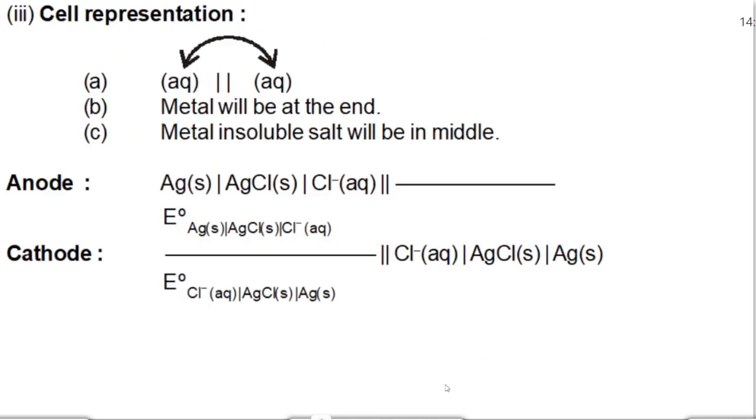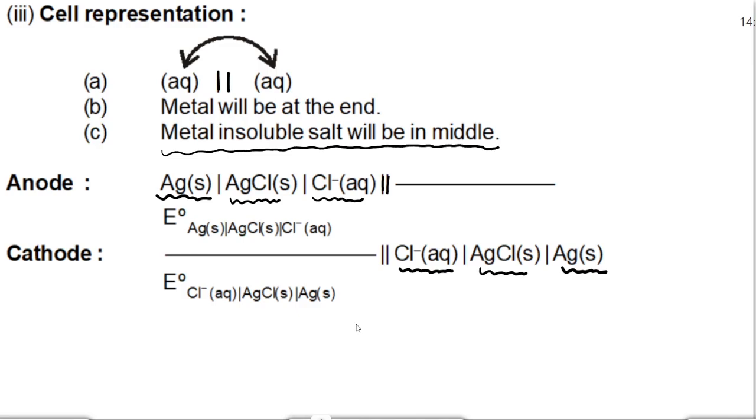So first there is a salt bridge. On both sides we will write first the aqueous solutions, and the metal should be in the end. See, this is the salt bridge, adjacent to it we write aqueous solutions, and on the ends we write metal, and in between these two we will write the metal insoluble salt, that should be in the middle.